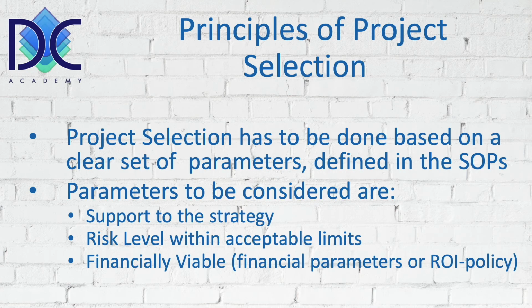Something that can also be done is to define what we call a return on investment policy, which is a policy where you define the conditions for the parameters. We will come back to that later, but these are different elements that we have to consider.